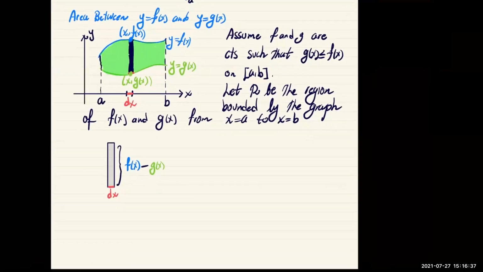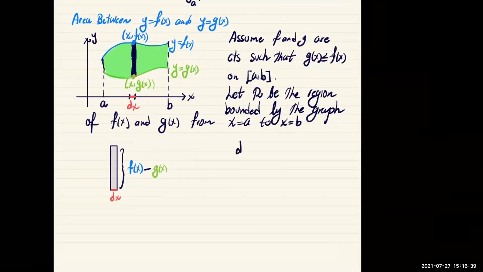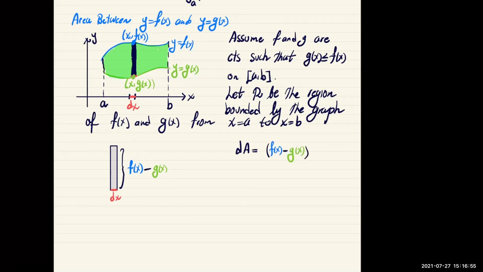So here dA, the area of that rectangular strip, is going to be length times width. Length is f of x minus g of x. The width is delta x or dx.